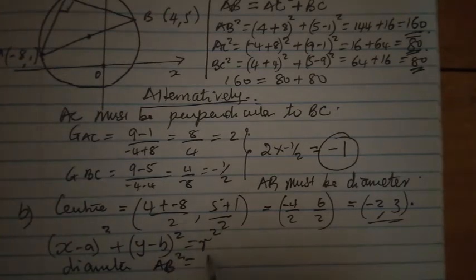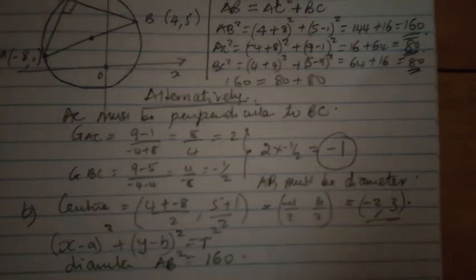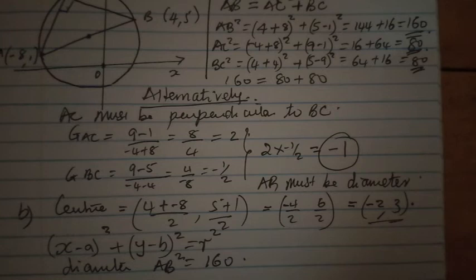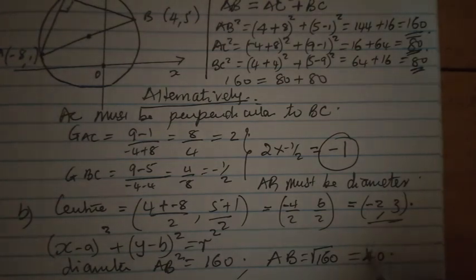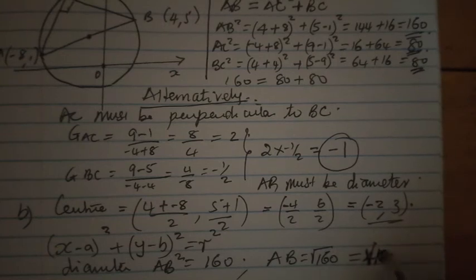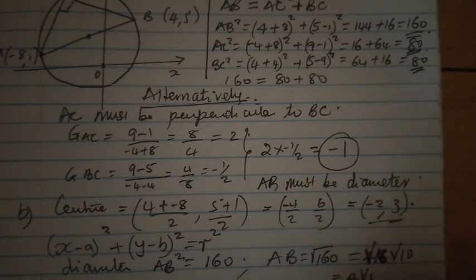AB squared is equal to 160. So the length of the diameter AB is the root of 160. The root of 160 is the root of 16 times the root of 10, which is 4 root 10.